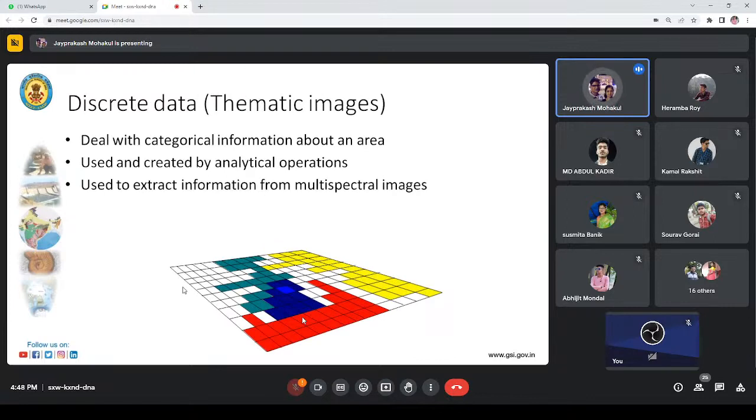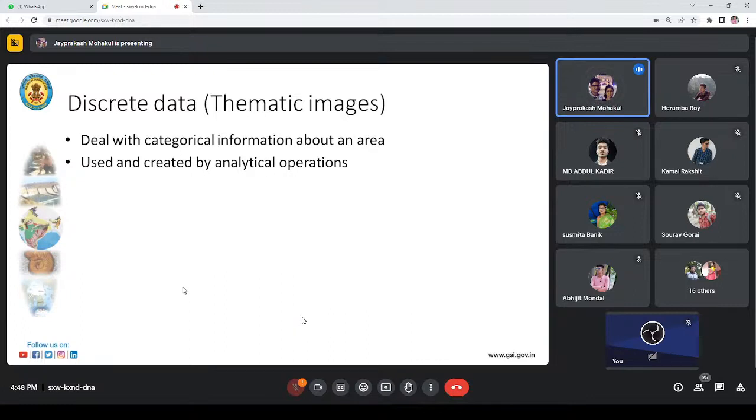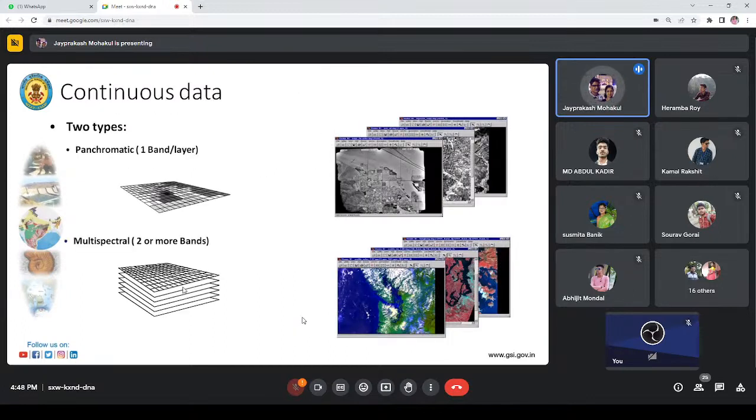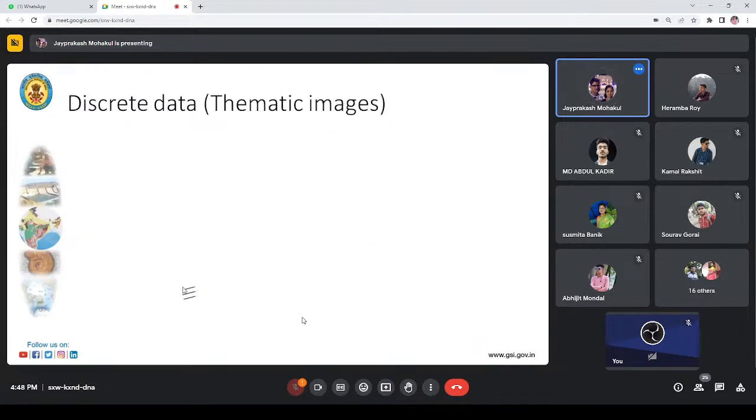So there is a difference between discrete and continuous data, right? Here, there is no categorization of the data. Can you see? Here, this is multispectral data, and contrary to this is a thematic image, right?